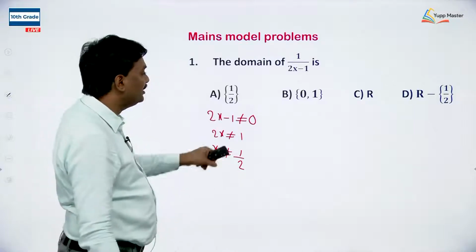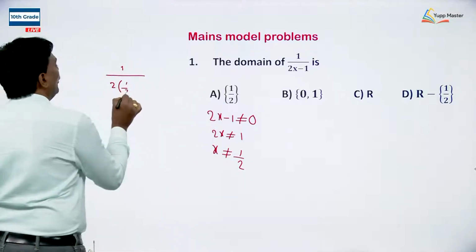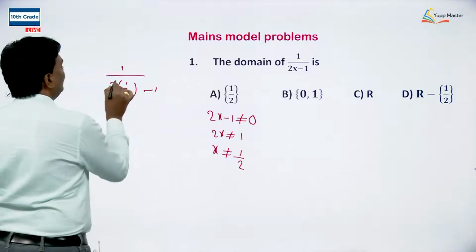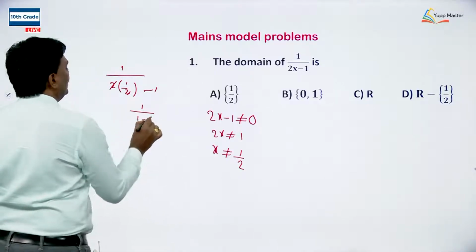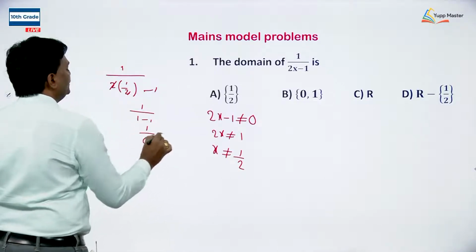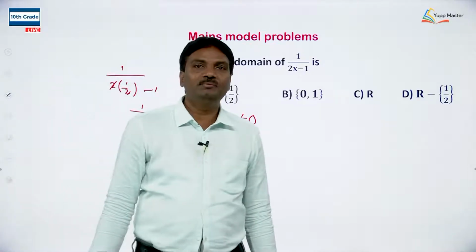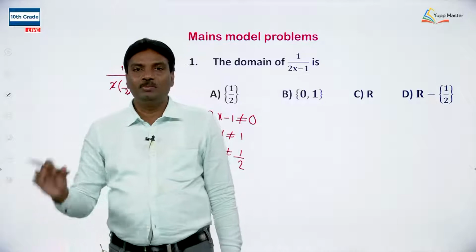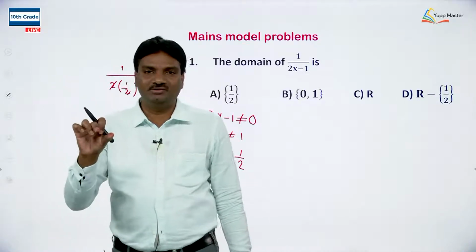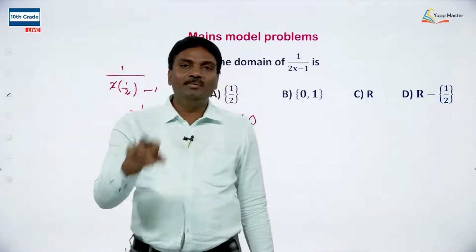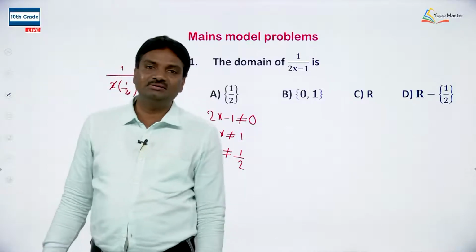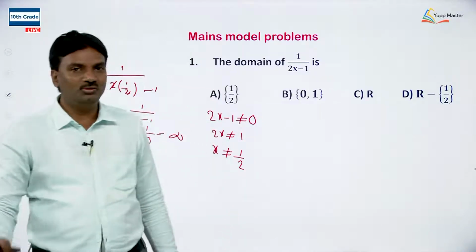In place of x, if we consider 1 by 2, we get 1 by 2 into 1 by 2 minus 1, where the 2s get cancelled, 1 by 1 minus 1, that is 1 by 0. So this is infinity, means not defined. Something by 0 is not defined. In the numerator we may have any value except 0. If the denominator is 0, that is infinity. Also, 0 by 0 is not defined.